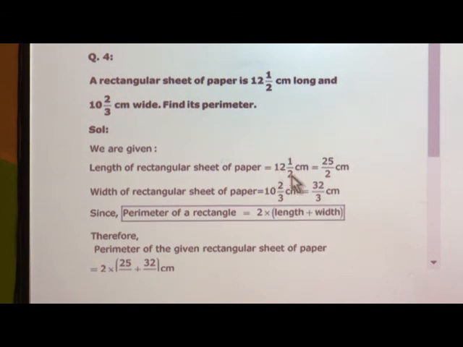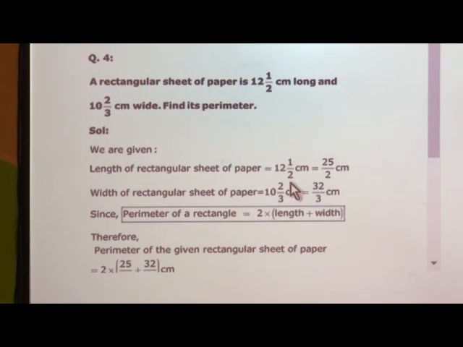So, what are 12 2s? 24 plus 1 is 25, and whatever is in the denominator, 2, we have to write here. So, it is 25/2 centimeter. What we have done is converted this mixed fraction into an improper fraction.